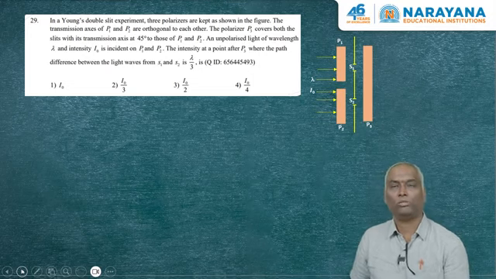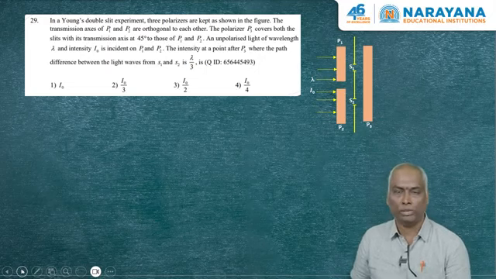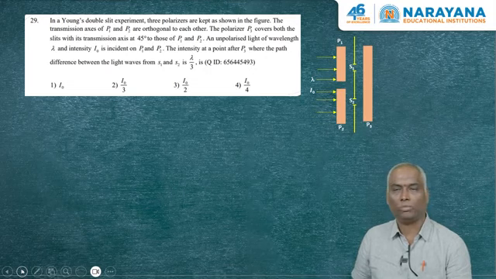So this is a question which involves two concepts. One is the light coming out from the polarizer, the Malus law, and the next is the condition for resultant intensity.